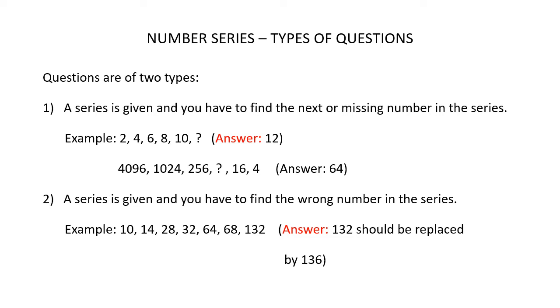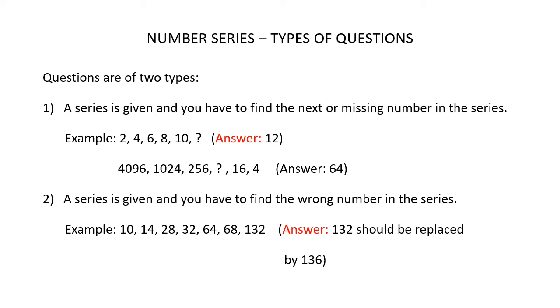For example, 2, 4, 6, 8, 10, question mark. Here you have to find the next number to 10. The answer here is 12 because this is a series of multiples of 2. 2, 4, 6, 8, 10. So the next number will be 12.